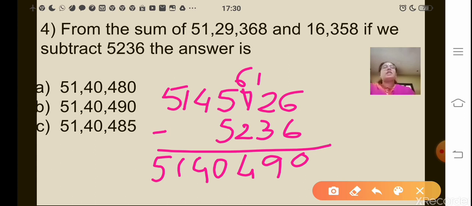Your correct option is B1, that is 51,40,490. Okay, so first you have to add the two numbers and then from whatever answer you are getting, you will subtract 5,236. So whatever the working is there, you will solve it aside in your rough book and then click the correct option for your exam.